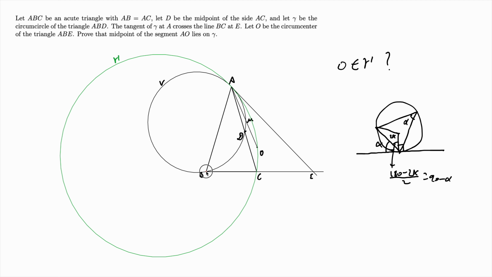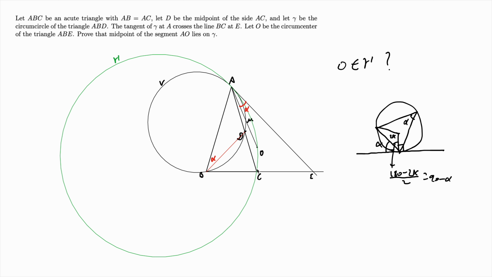I think the way I hold the pen matters. One last time. No, I'll just use the tool. If we call this angle alpha, then we know that this angle right here is also alpha.